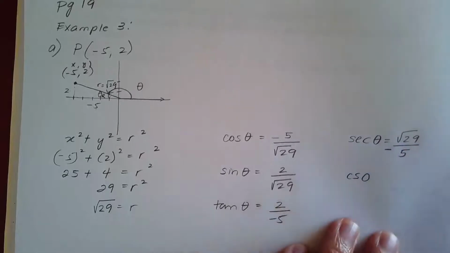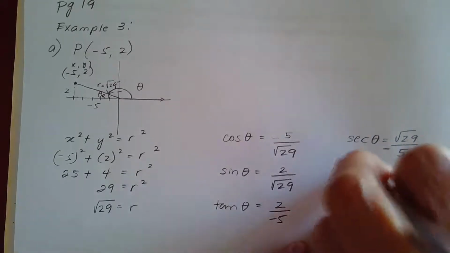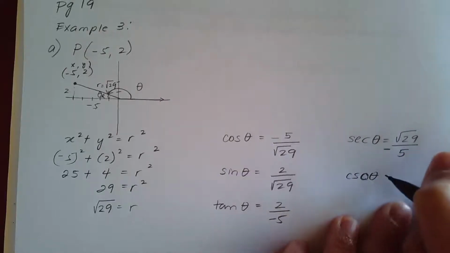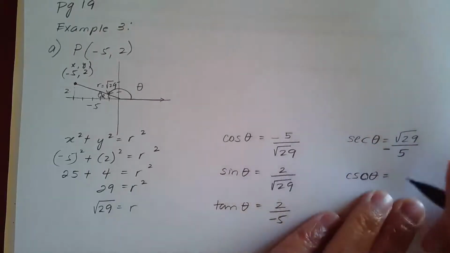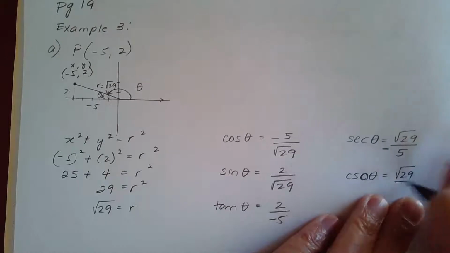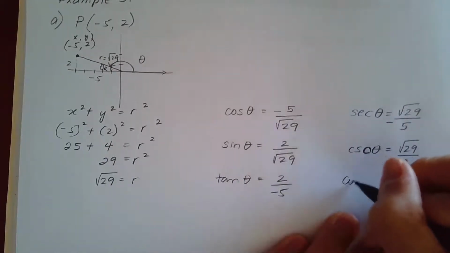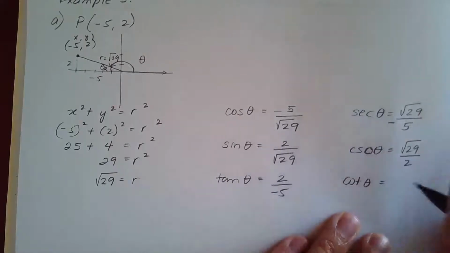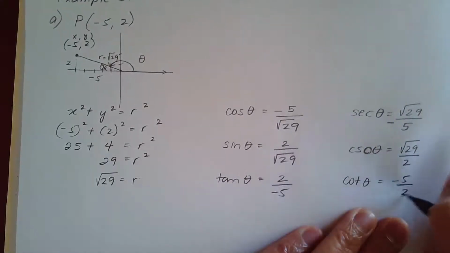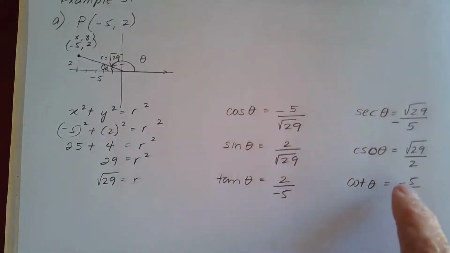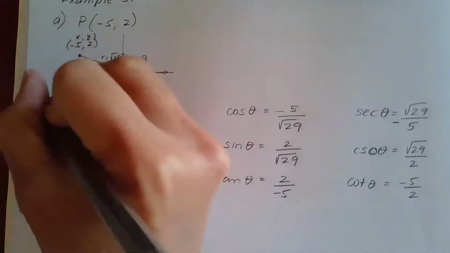Cosecant theta is the reciprocal of sine, so it's going to be positive root of 29 over 2. And then finally, cotangent theta is equal to negative 5 over positive 2. Okay, so this one is a lot shorter than the other one. Now let's see. This is part 1.